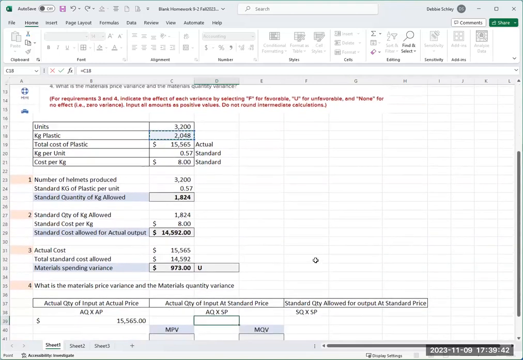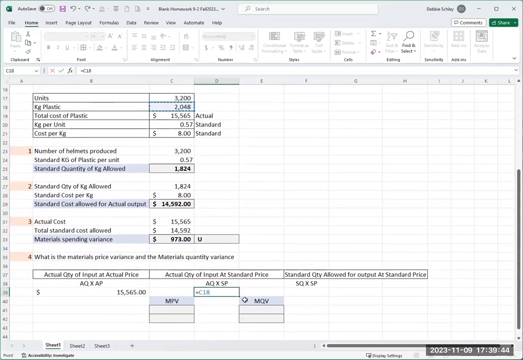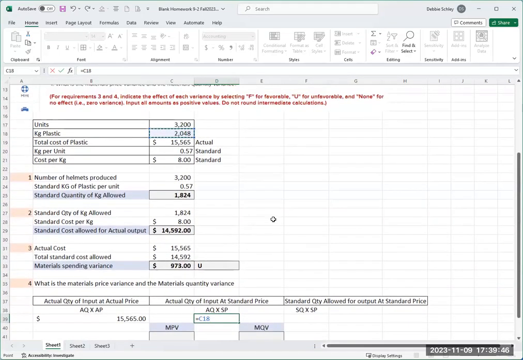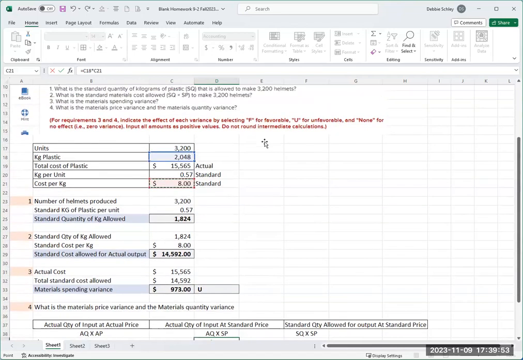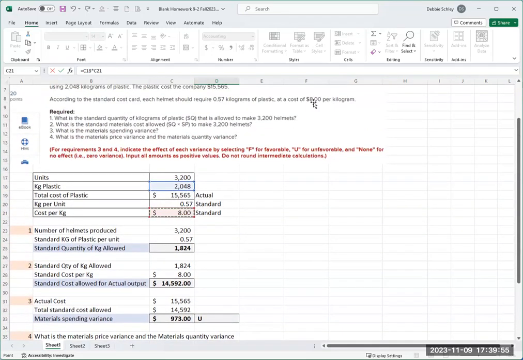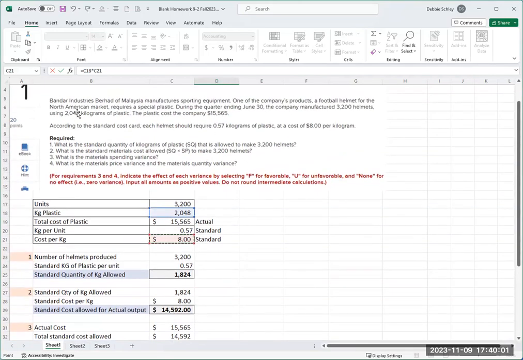And then I'm multiplying that by my SP or my standard price. So that times the $8, which I got right there from the standard cost card, $8. So my actual quantity times the standard price.